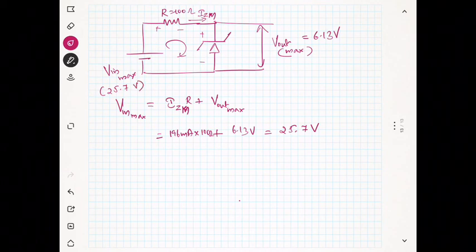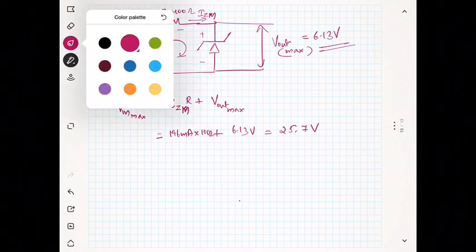So you see here, even though you are giving 25.7 volt, the output is only 6.13 volt. That means if you vary the input, the output is not going to change, and you can vary up to 25.7. So what will happen to the remaining voltage?